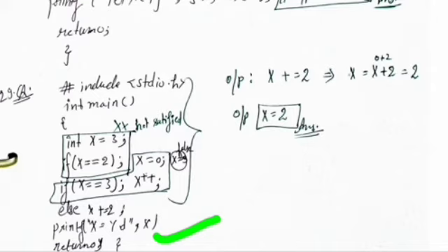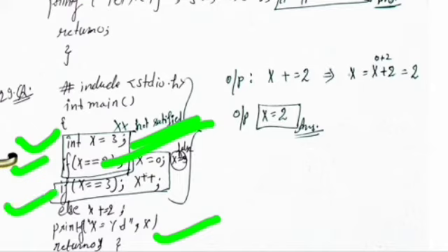Now come to the solution of this program. Here x equal to 3, if x equal to 2, we find that the condition is not satisfied. On the other hand, if x equal to 3, the condition is satisfied, but the branch is not executed.